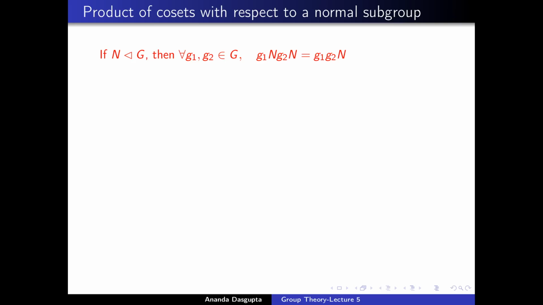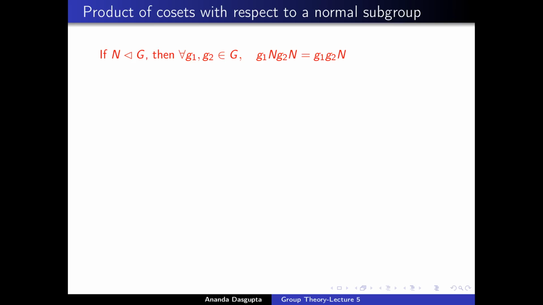What about product of cosets, which are cosets with respect to a normal subgroup of a group? So the statement that we are making at the very outset is this. If N is a normal subgroup of G, then for all g1, g2 belonging to capital G, the coset g1N, when multiplied by the coset g2N, according to the rule of multiplication which we have just now laid out, gives rise to a coset, which is the coset g1g2N.